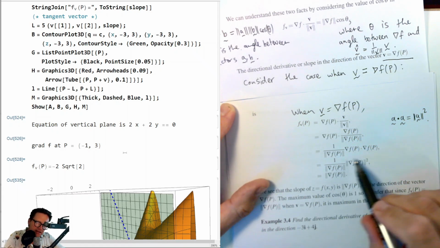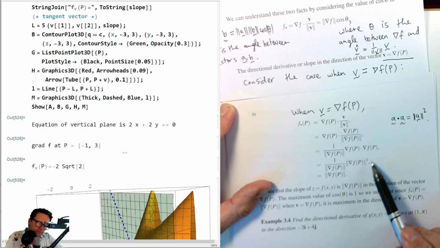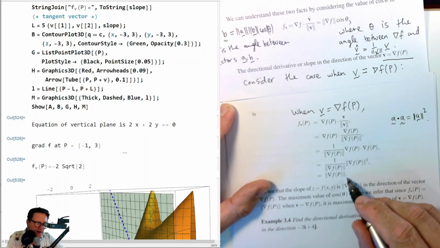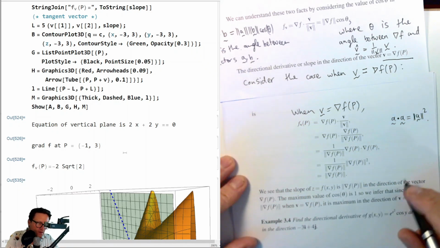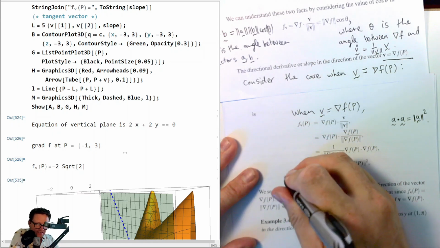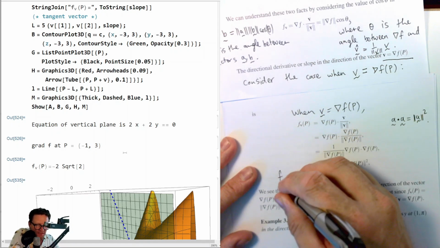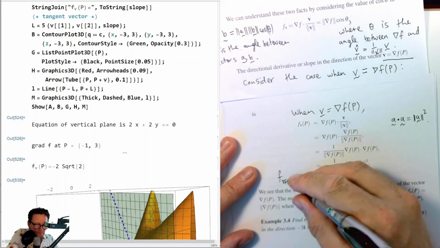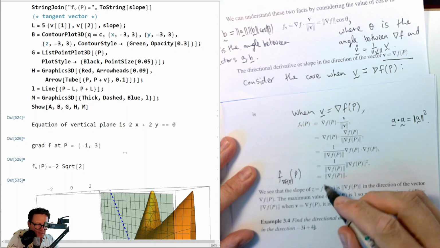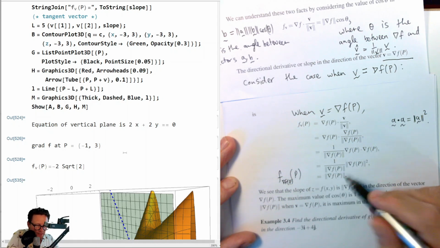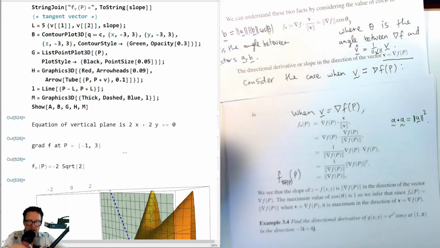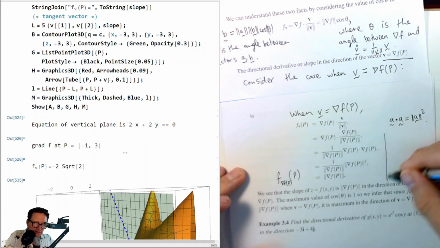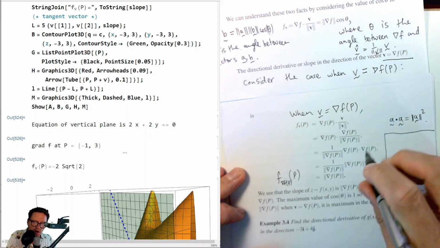But that's a scalar, so a square divided by the same thing, we can just cancel one of those and we end up with the norm of grad f at P. So what we've deduced is that f subscript grad f at P, at P, is just the norm of grad f at P. So what does this tell us? Let's put this remark in a box.